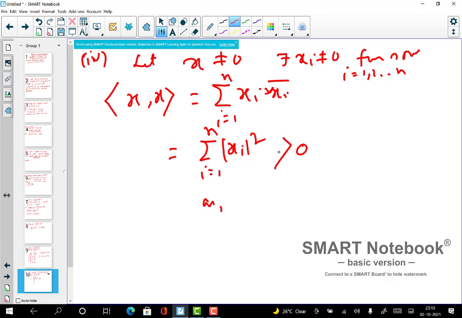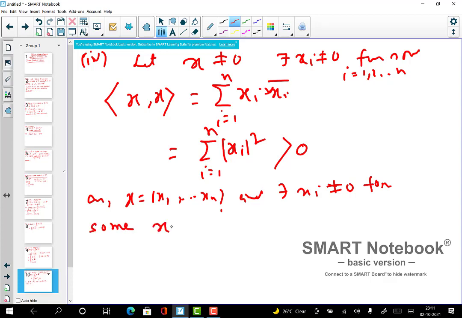So let me write x equal to x1, x2, up to xn, and there is some xi which is not 0, for some i belonging to 1 to n.